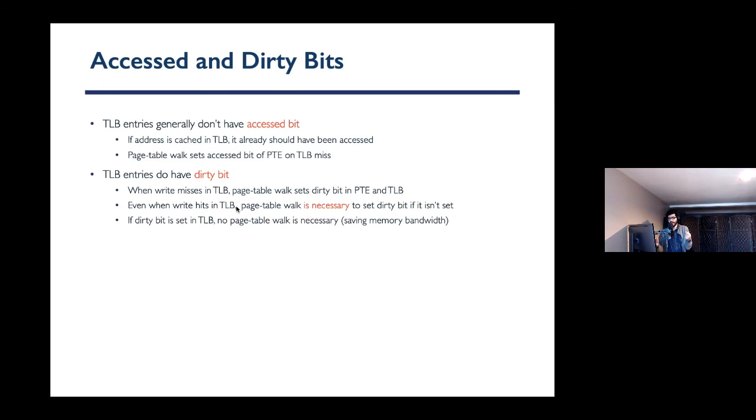So you save yourself the pain of going to page table entry and setting it to 1. You don't go to the page table entry anymore. So for the first write, you set it in TLB and page table entry. For future writes, you just look at your TLB, you see the dirty bit is set to 1, you don't go to the page table entry, you just use the TLB entry.